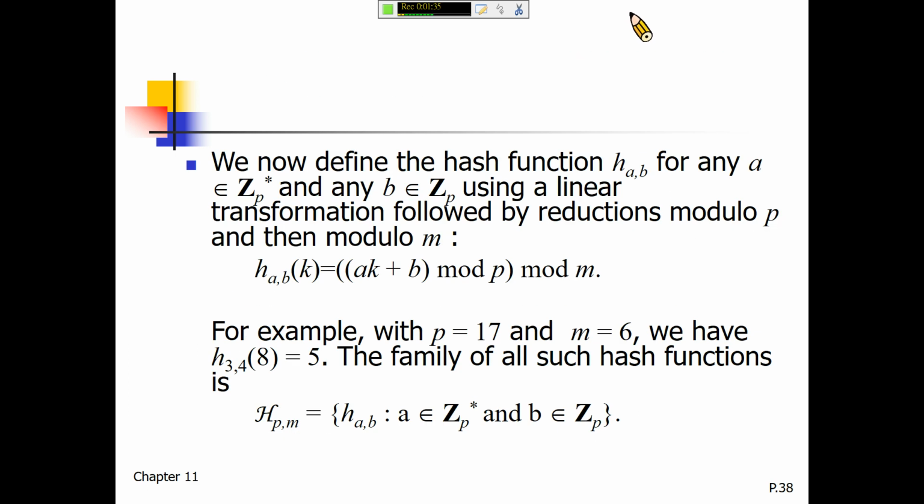Then we can define the hash function h_ab for any a from Z_p star and any b from Z_p using a linear transformation followed by reduction modulo p and then modulo m. So h_ab(k) equals ((ak plus b) mod p) mod m.